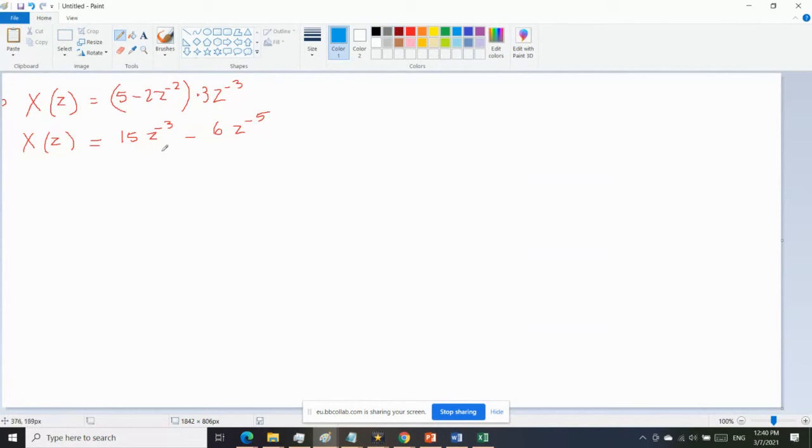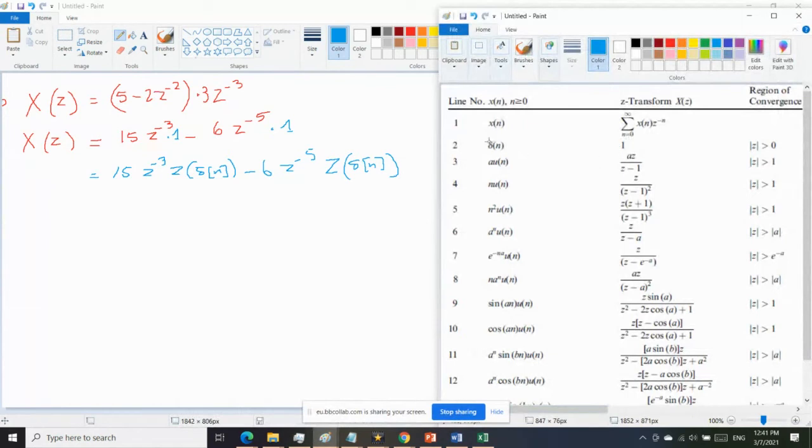It's like we have z to the power minus 3 times 1 and here z to the power minus 5 times 1. So it is like 15 z to the power of minus 3 times the z transform of delta, minus 6 z to the power of minus 5 times the z transform of delta. The 1 is the z transform of delta according to the table.